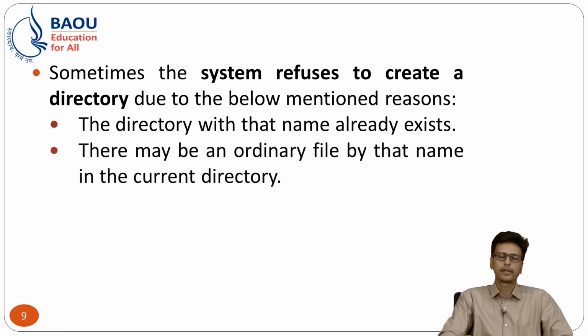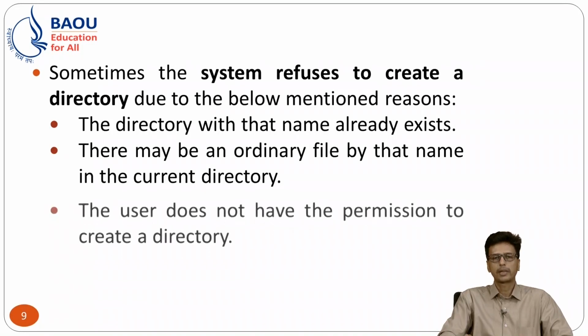In the second scenario, you are trying to create a directory but the name of the directory is already used by a file. So if a file with that name is in the same directory, you cannot create that directory, right? That is the second scenario.